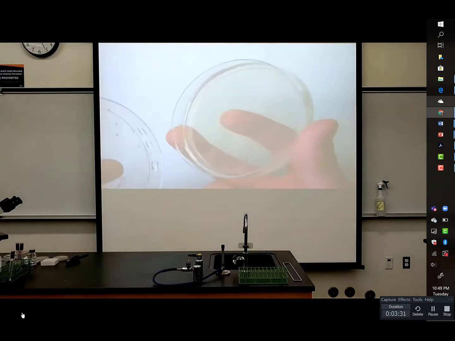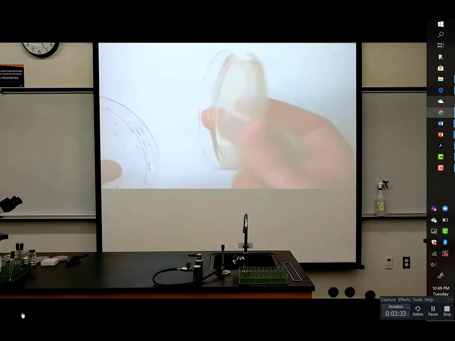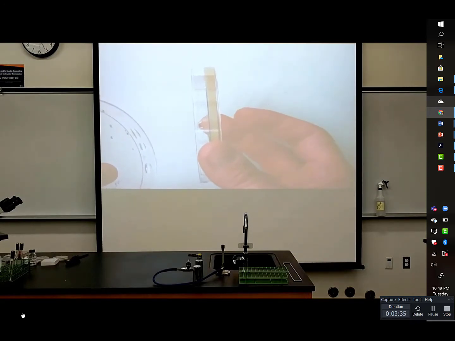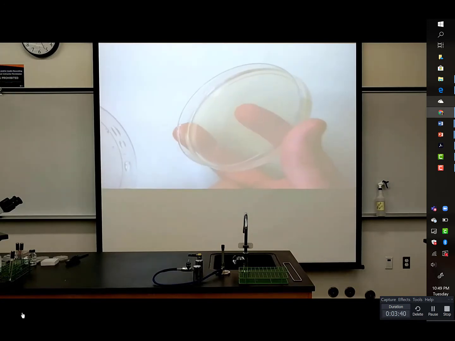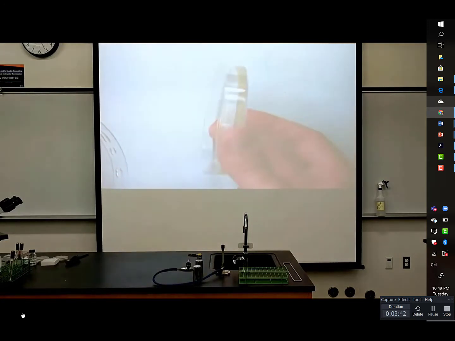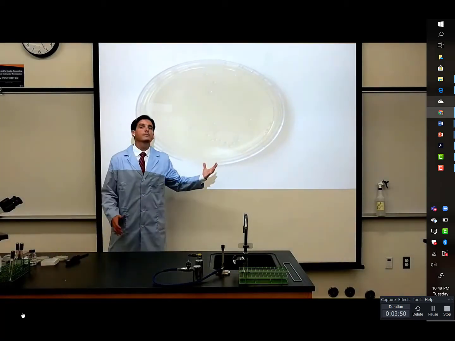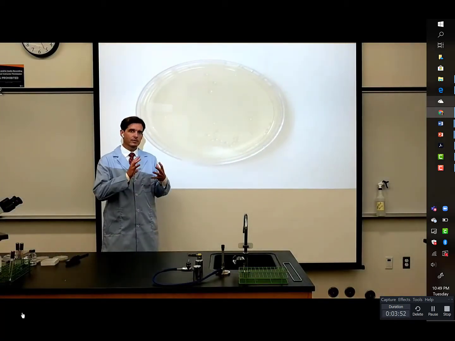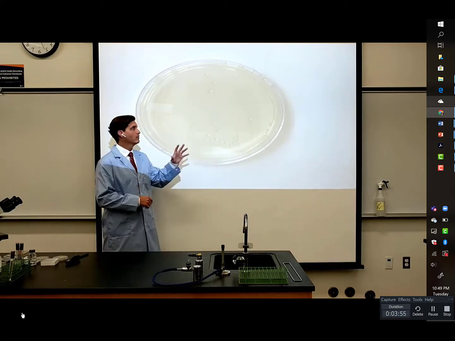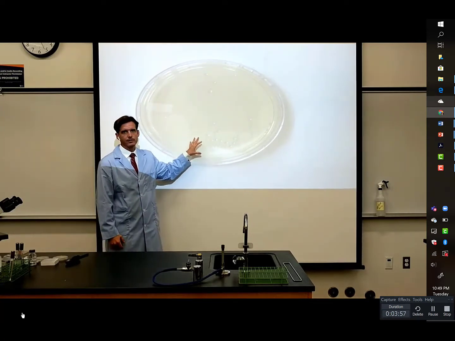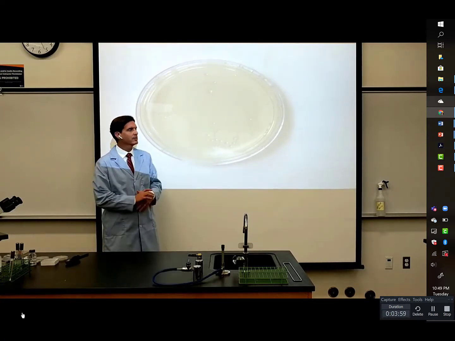Here we have the bottom of the Petri dish, and this bottom part of the plate has a thin layer of agar, which is a jelly-like substance that has nutrition in it for microorganisms to grow. Now, as long as this plate remains closed, it's considered sterile. Sterile means that this plate was made carefully enough with the right procedures for sterilization to make sure that no microorganisms are in it right now.